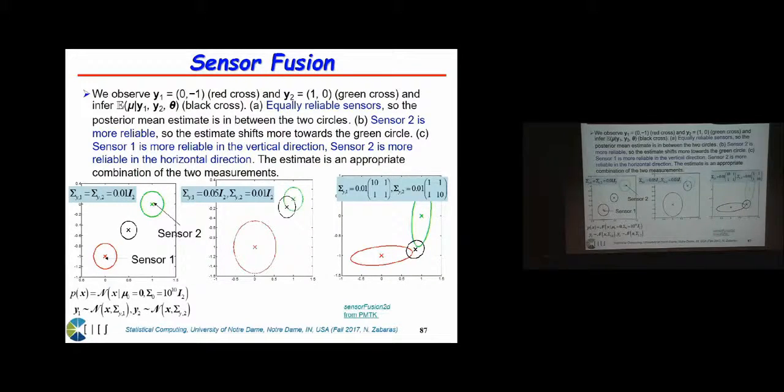So let's say that we are trying to measure the mean mu of the Gaussian distribution, right? But we have two sensors, so we collect two data points, but the two data points come from two sensors that each have their own variance. So before, you remember, the data come from the same Gaussian, but now one of the data points comes from a Gaussian that has this variance here.